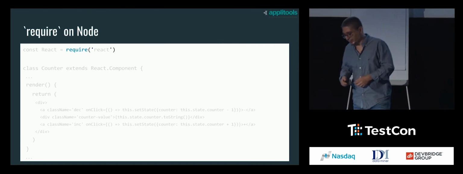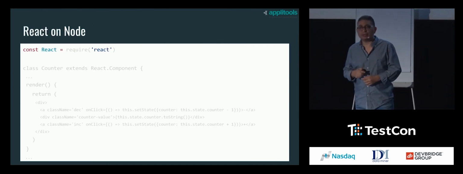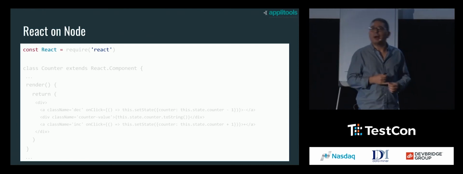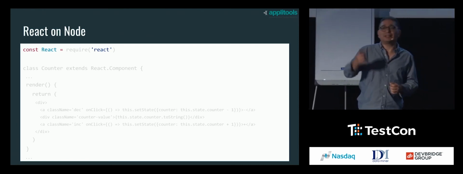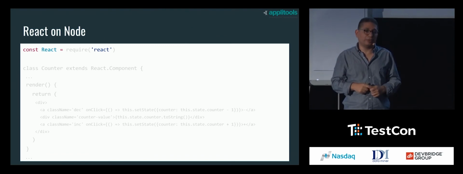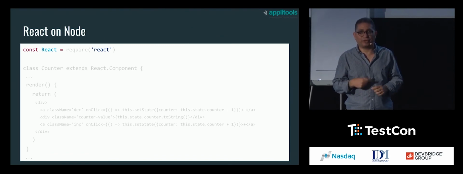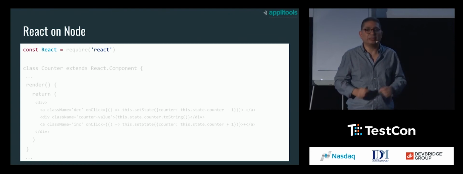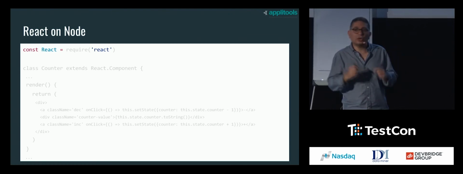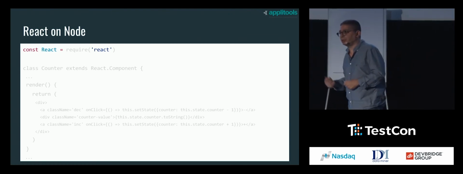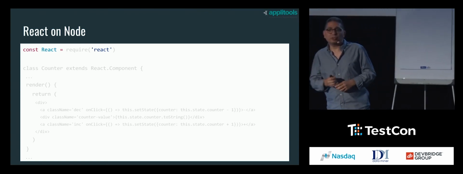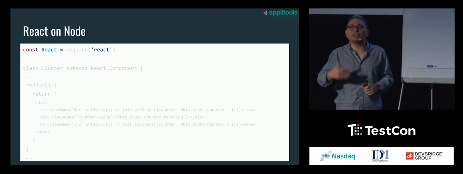So require works. Does React work under Node? Amazingly enough, it does. It's the first major framework. I can't say it's the first framework because probably it's not, but it's the first major framework whose code was built to also run under Node. And why? Because React also knows how to do server-side rendering.